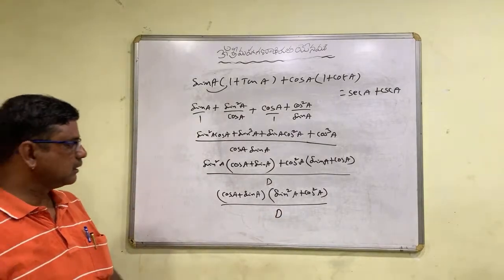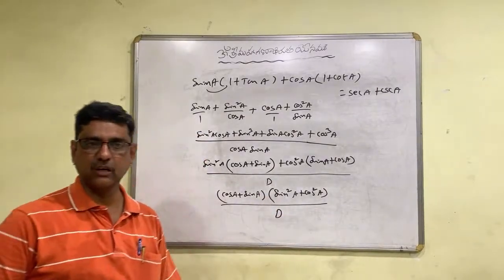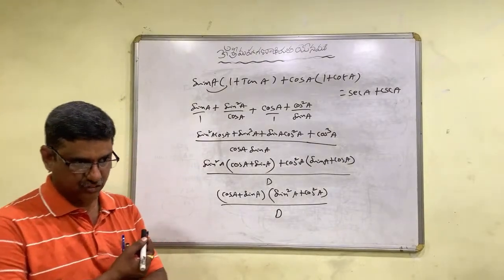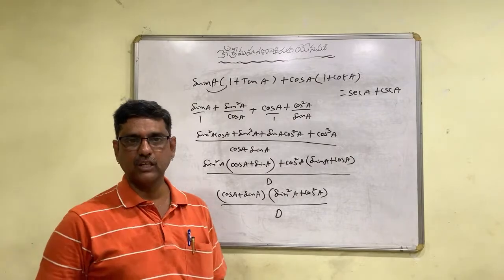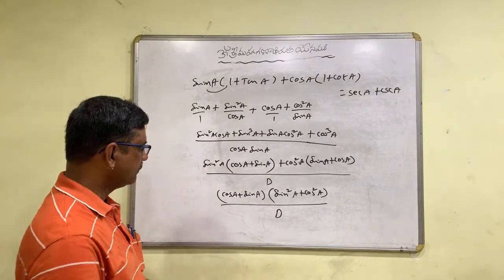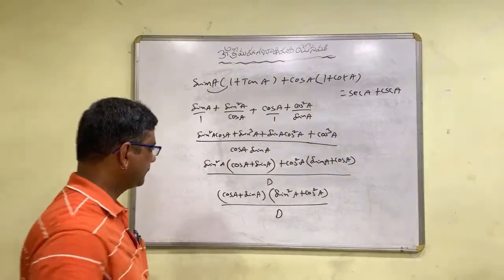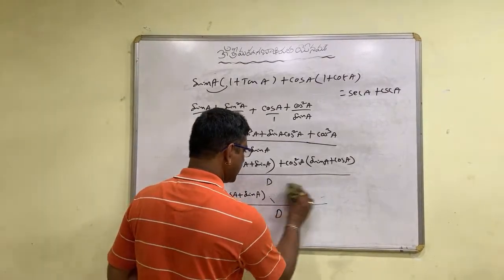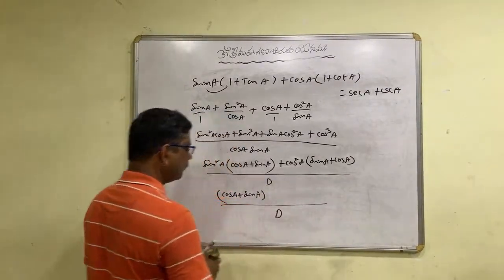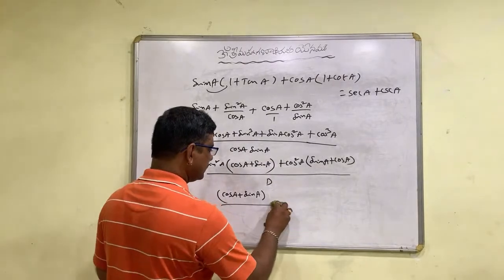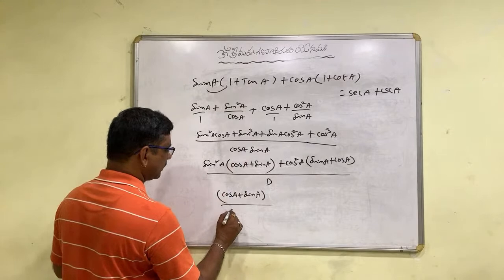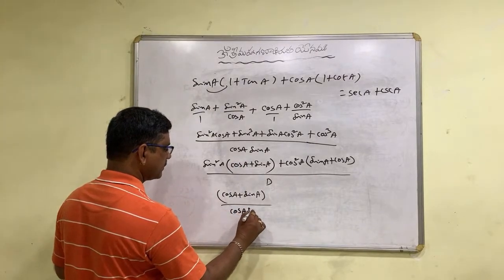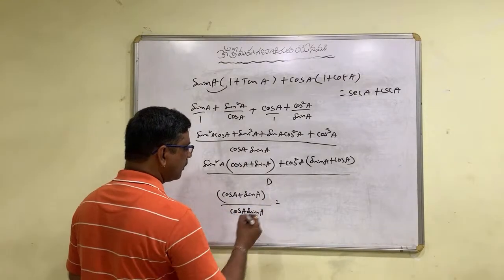Okay, children. Now we know what is sin square A plus cos square A. It is nothing but 1. So I'll take out this one. Now, what we are left with? Cos A plus sin A by denominator cos A sin A. Now what we have to do?